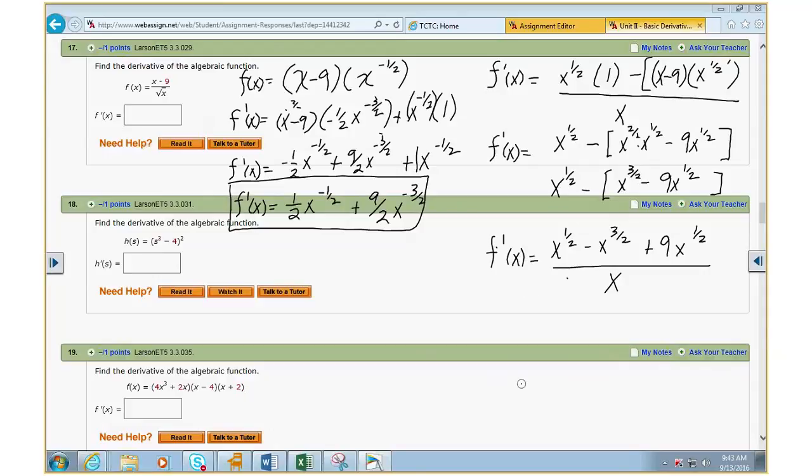And x to the 1/2 plus 9x to the 1/2 is what? 10x to the 1/2. Y'all check me. Minus x to the 3/2 over x. That can be simplified because you can cancel this x, which is 2/2. You can cancel this x with these two x's up here.